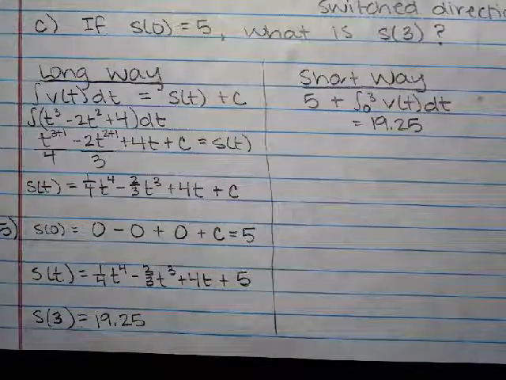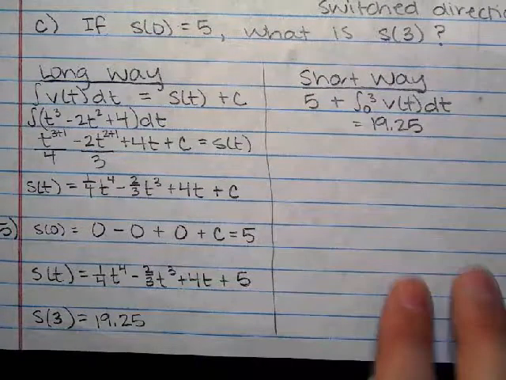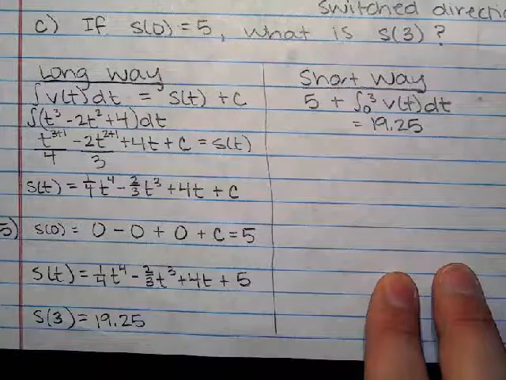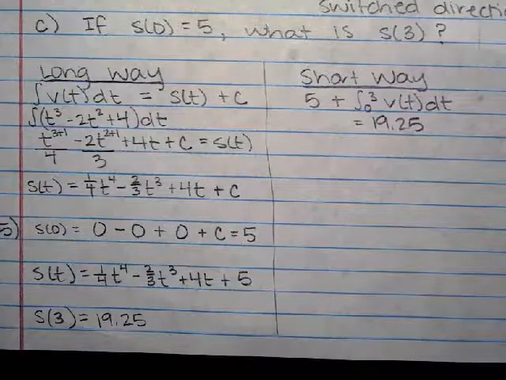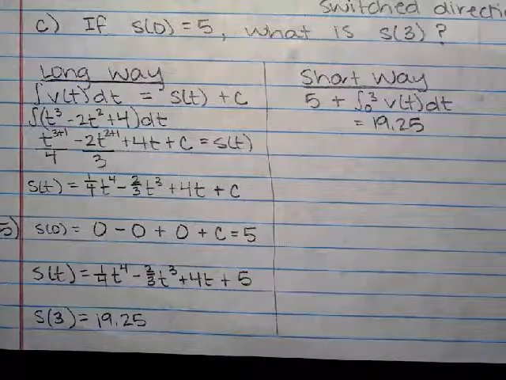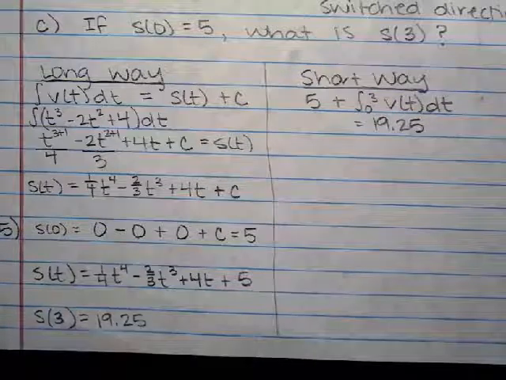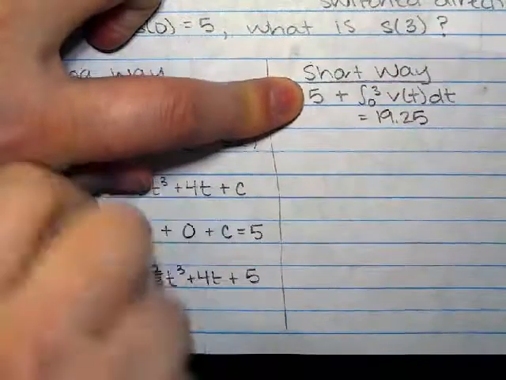Okay? Are you ready for the justification of the short way? Okay, so this, you do not have to do. AP graders don't need to see it. Okay, but I'm going to show you why it works. I'm going to change colors because you do not have to do this. Okay, but here's why it works. All right, this right here, 5, I'm going to write this. This is s of 3.